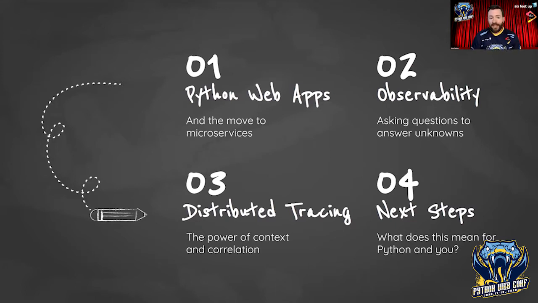What observability means and how it's different from traditional monitoring that you're probably familiar with, what that means specifically for Python web applications, the power of distributed tracing, which is a part of observability that's super critical that most people may not be paying as much attention to, but especially as you start moving to more distributed architectures, it's super important. And then what does it mean for the Python web community as a whole, as well as what does it mean for you, whether that is an engineer that's building Python web applications or maybe contributing to Python libraries and the like.